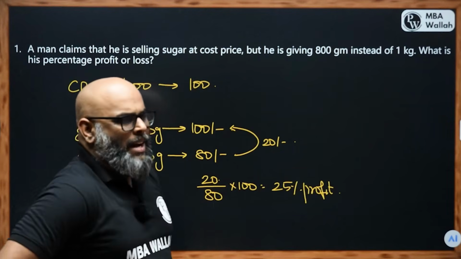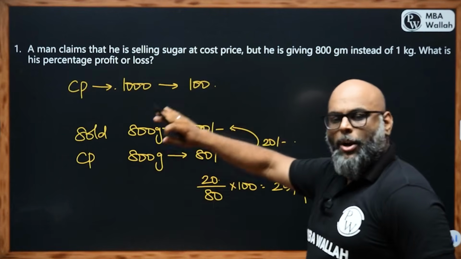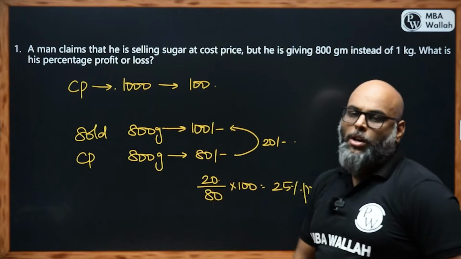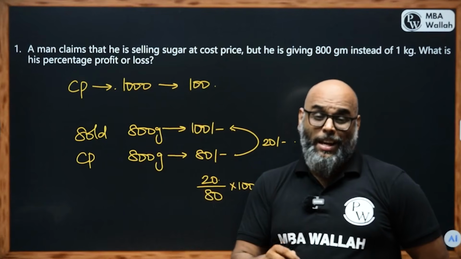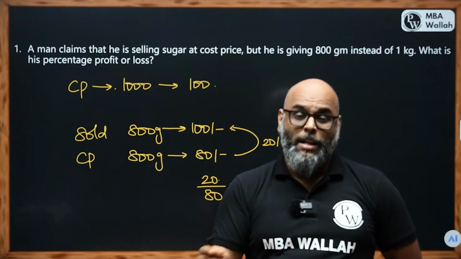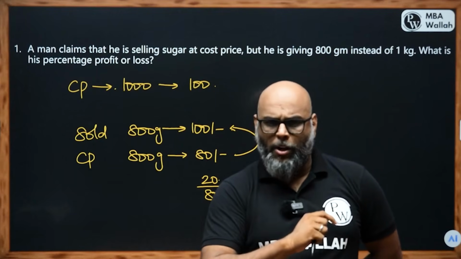A simple mechanism that works every time. You fix a price and you wrap around the solution through that. So 1 kg was for 100 rupees. So 800 grams was sold for 100 rupees. But technically he should have sold 800 grams for 80 rupees, for selling it at cost price, because cost price of 800 grams would only be 80 rupees.